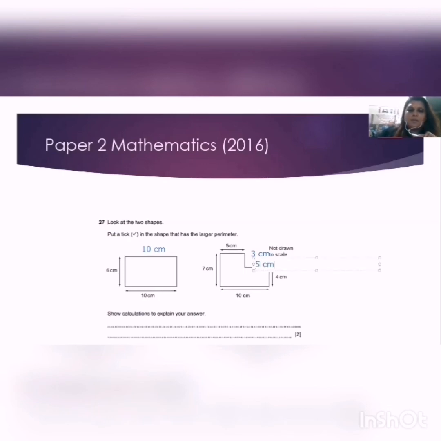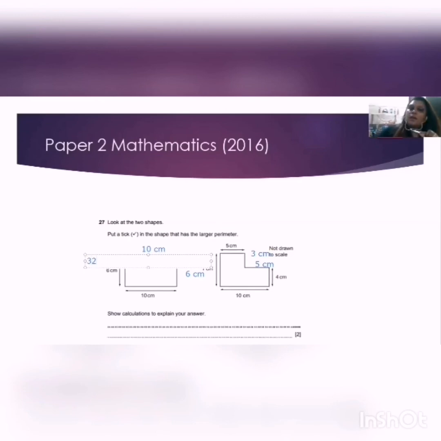Now we have to total up the perimeter. What is 10 plus 10? 10 plus 10 is 20. 20 plus 12 is 32. I'm going to write it here, 32.